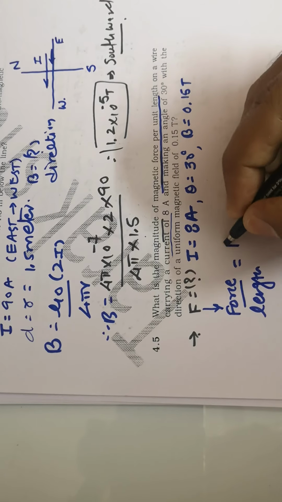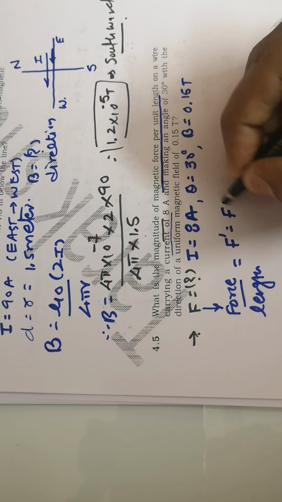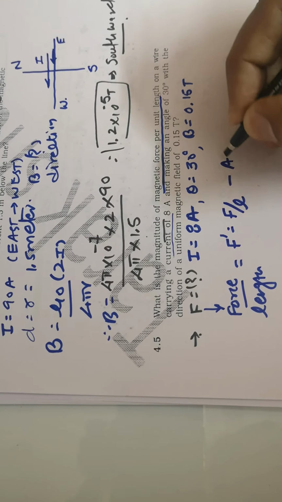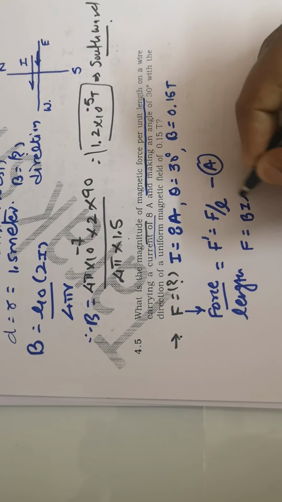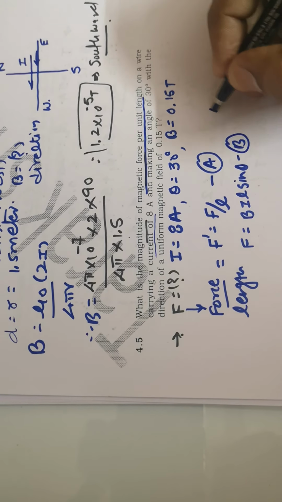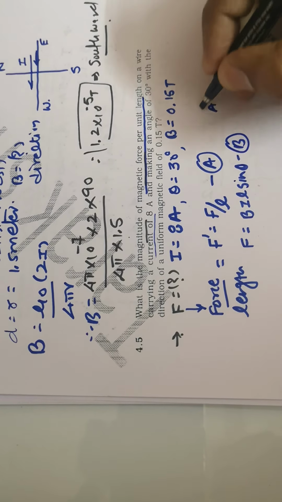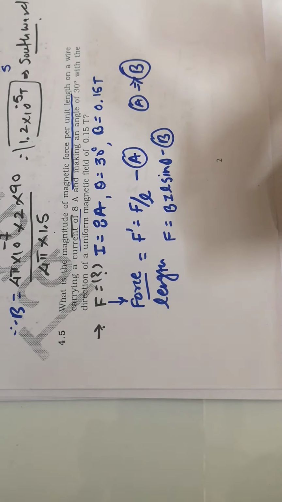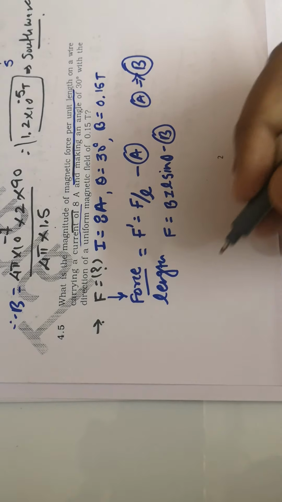Using this formula, F dash is equal to F by L. This is my equation number one. Next, the formula for F is BIL sin theta. This is equation number two, so I am utilizing that.